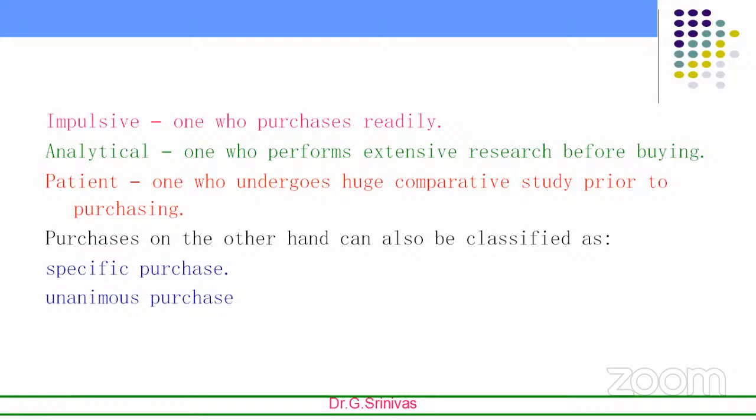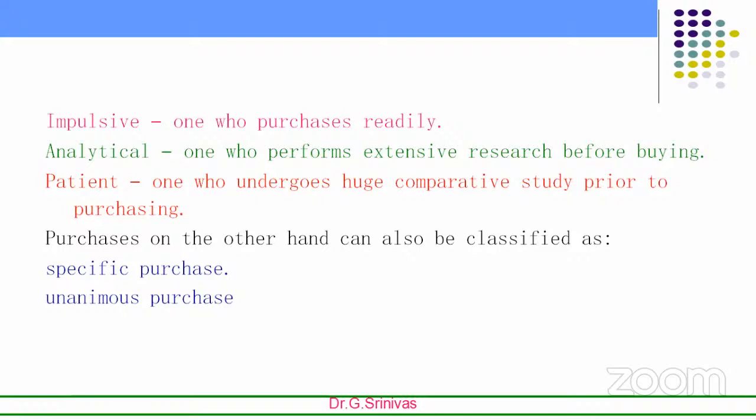I visited an electronic shop, but after purchasing the phone, there is a washing machine which is very attractive. It has good features, but without a plan, I purchased that washing machine. So that is called impulsive buying. Means if you purchase an item without any plan, it is called impulsive buy.